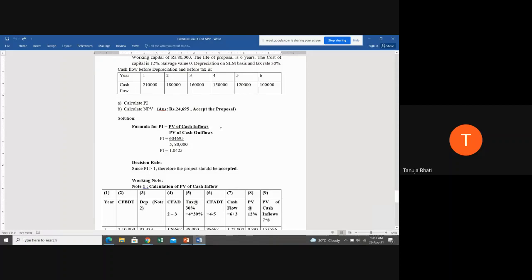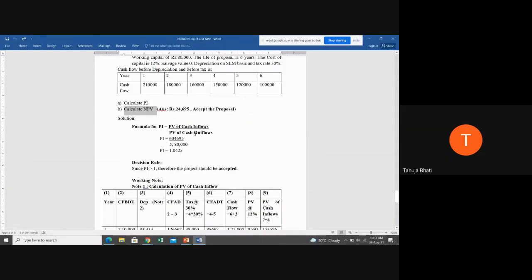Is it clear, students? So when in the exam they ask you to calculate PI and NPV, you need not separately start calculating for NPV also. Already PI and NPV, the terms are the same. Only the formula is different. For NPV also you require PV of cash inflows and PV of cash outflows. The same thing you require for PI.